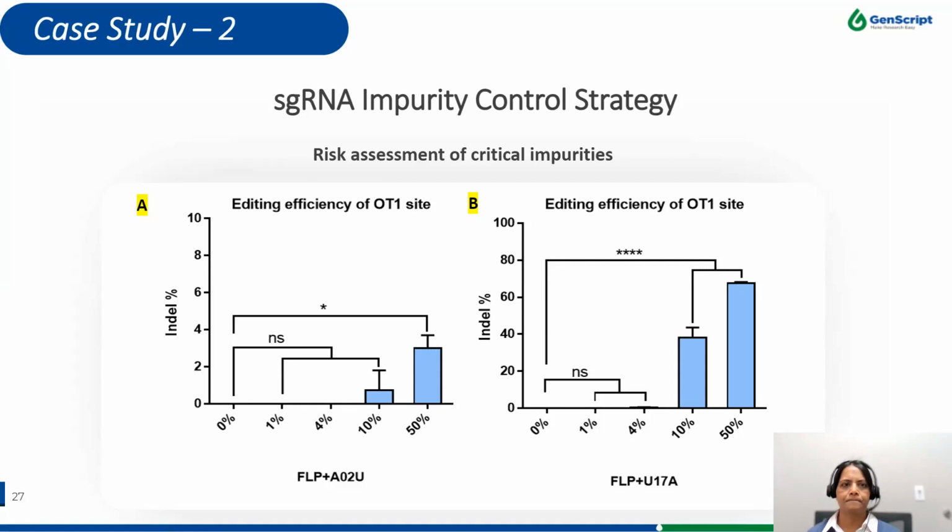When we spike at a ratio of 50%, the A2U mutation resulted in less than 4% off-target effect as shown in figure A, while the U2A mutation at the same ratio caused almost 70% off-target effect as shown in figure B.